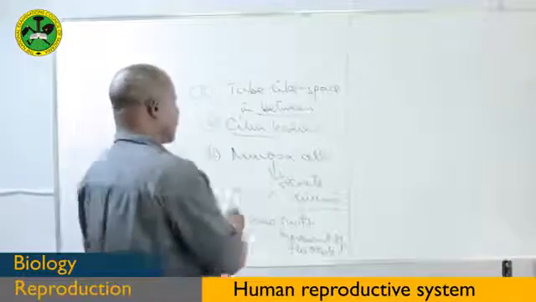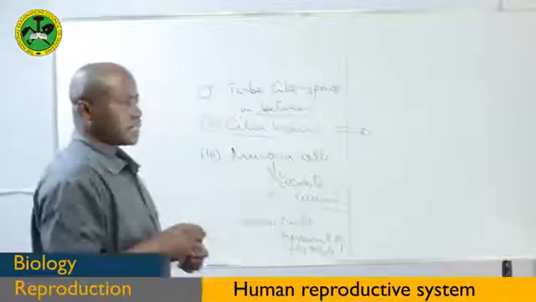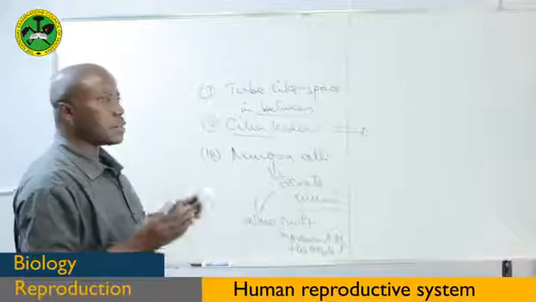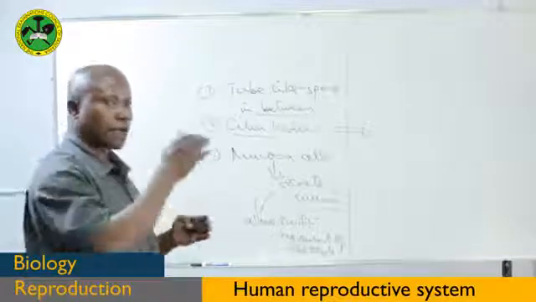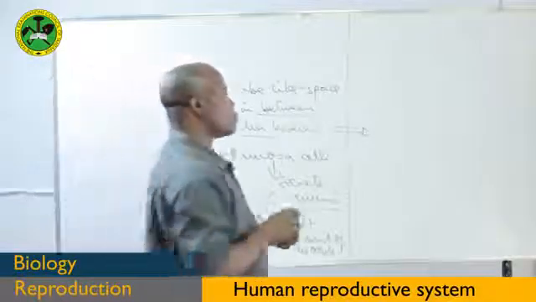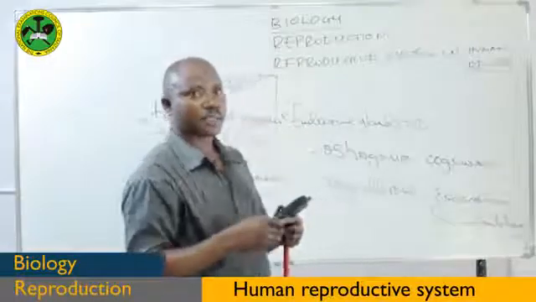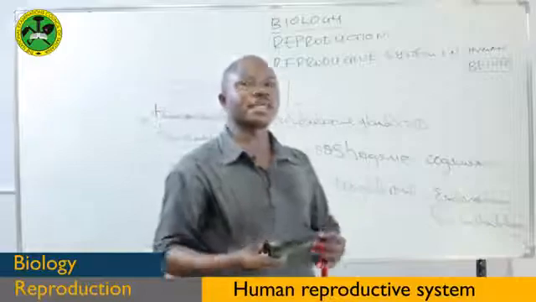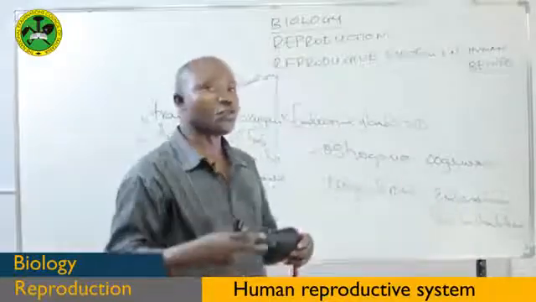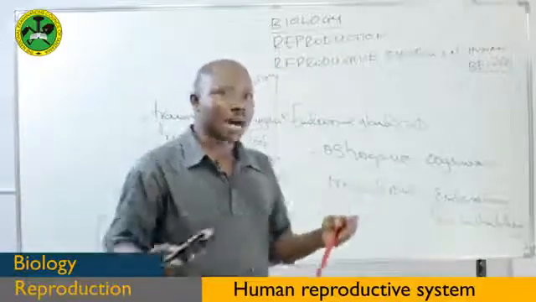Coming to ciliary bodies, their beating action allows the oocyte to be pushed forward in the course of its journey from the ovary to the uterus. Therefore, what you need to know here, my students, is that there are different questions that can arise from this area. But these are just a few to show you how you can answer and how you can get marks.